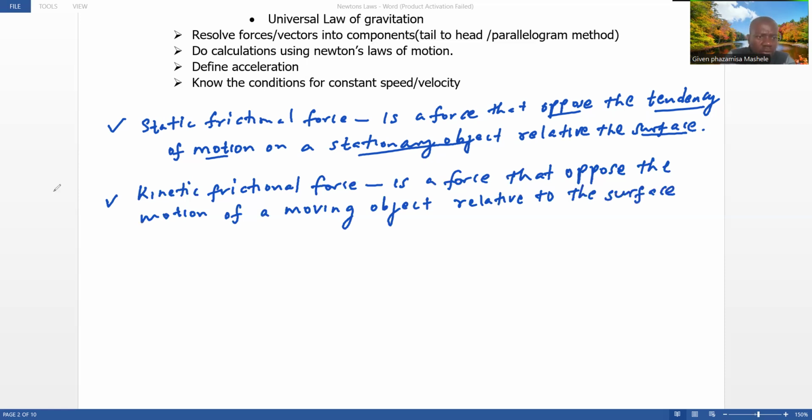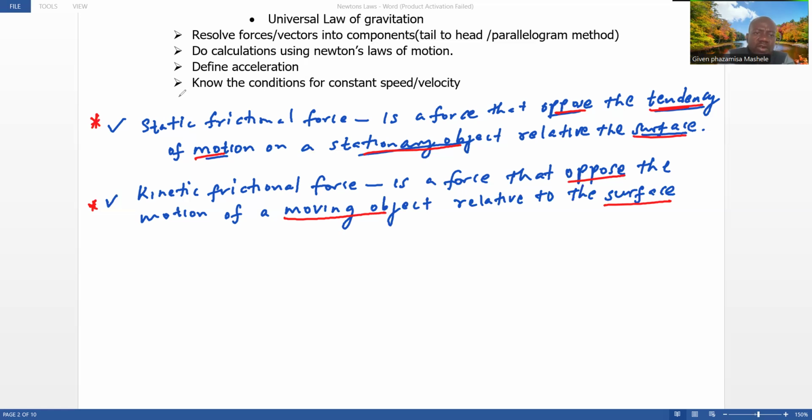The force that opposes the motion of a moving object relative to the surface, that is called the kinetic. But that which opposes the tendency of motion of a stationary object relative to the surface, that is called a static frictional force.